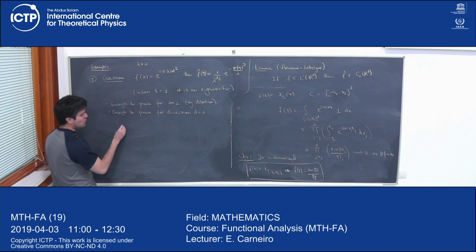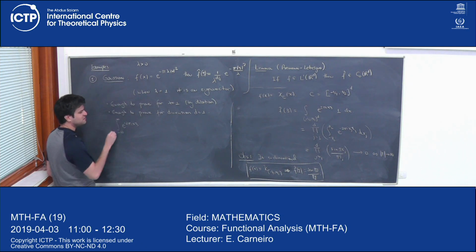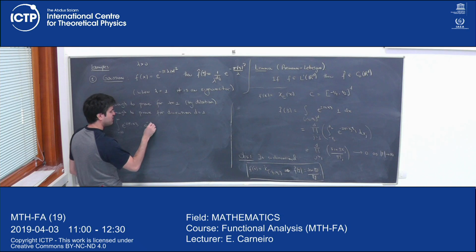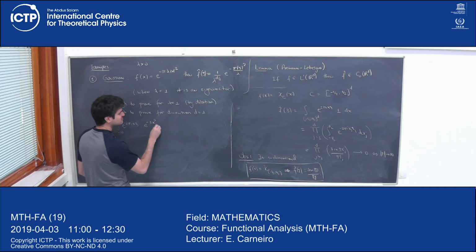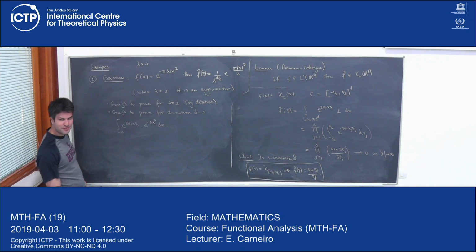So what you want at the end is just the integral of e to the minus 2 pi i x xi, from minus infinity to infinity, e to the minus pi x squared dx. I suppose this is an integral you learned how to compute in your calculus class.